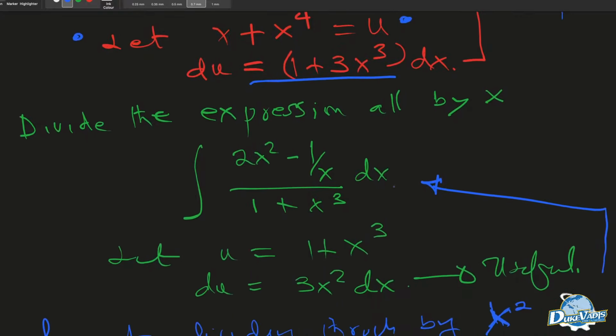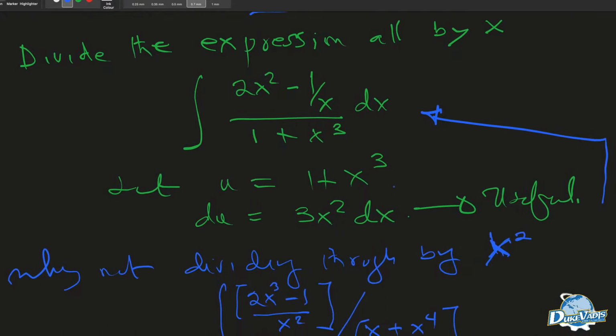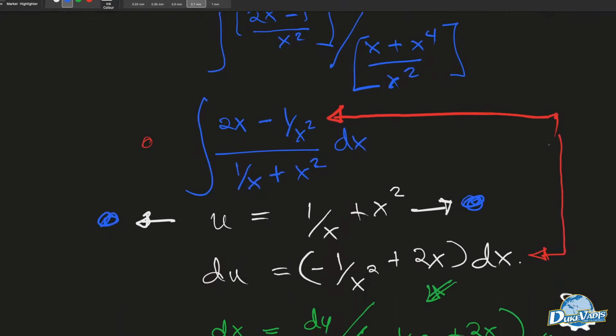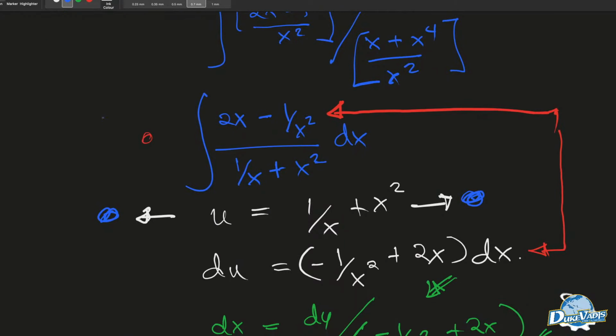And this is what we had, and it wasn't helpful. Later on, we decided to use x squared instead of x. So when we did that, our final result was 2x minus 1 over x squared divided by 1 over x plus x squared, dx.